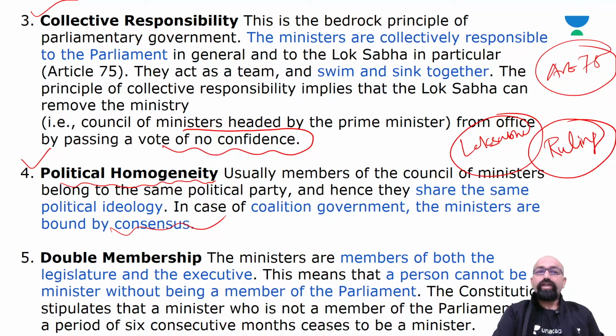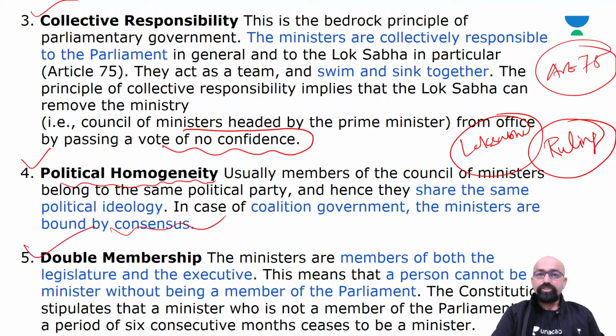So there are no differences in ideology, which helps to run the government smoothly. And in case of a coalition government, the ministers are bound by consensus.